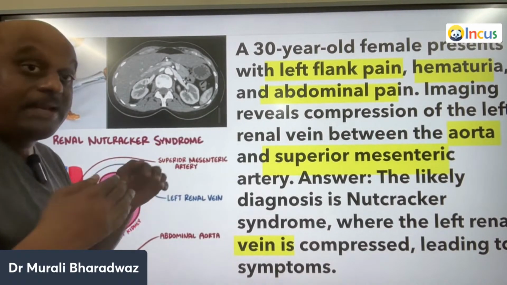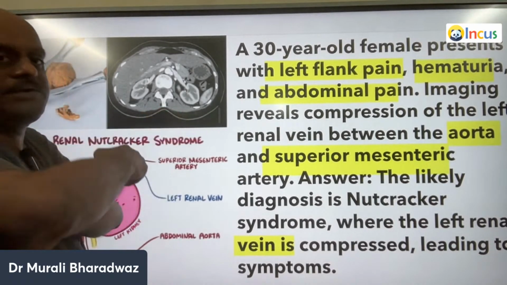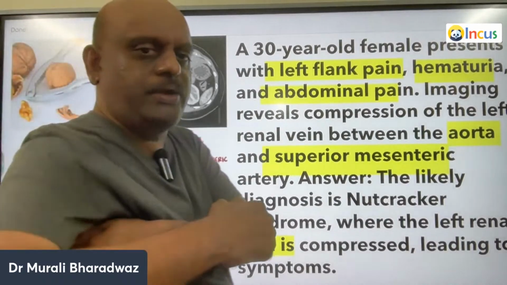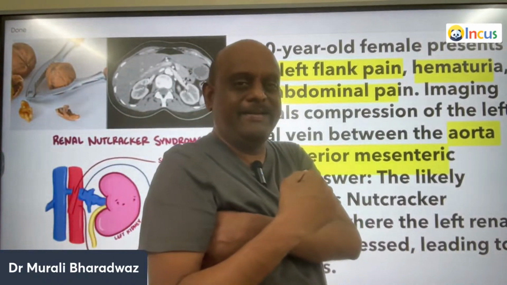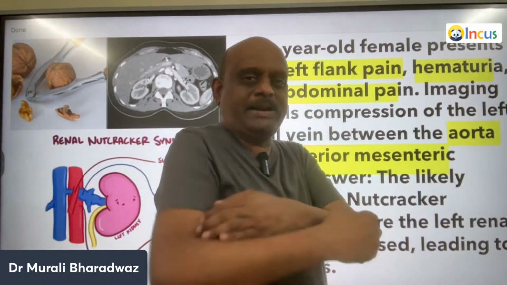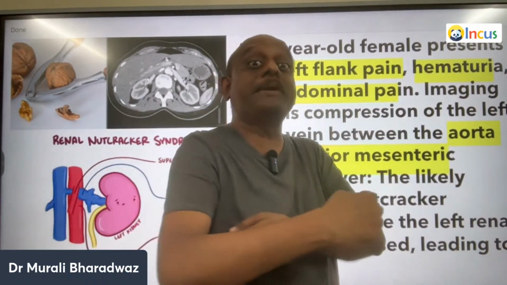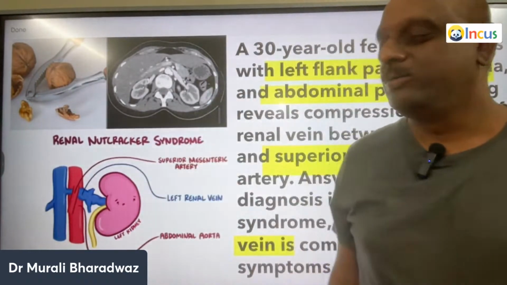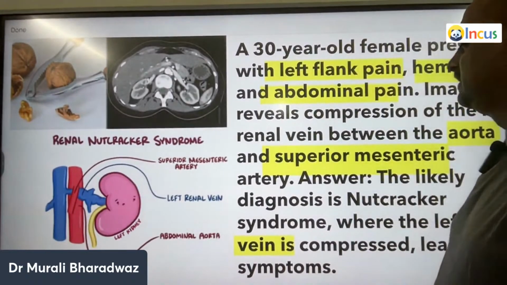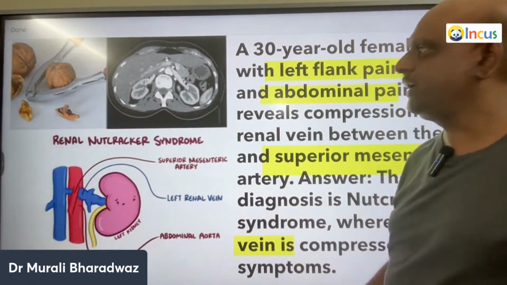Between the two, the left renal vein gets compressed, just like you put something into your axilla and press it, right? So one is the superior mesenteric artery, the other is the aorta. Between the two, the compression of the left renal vein is called nutcracker syndrome, is what you should remember.